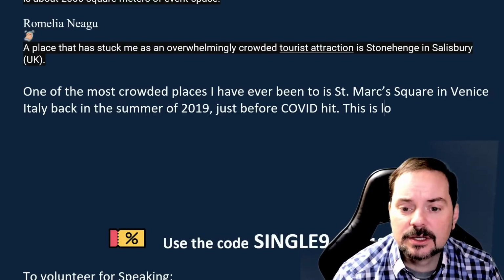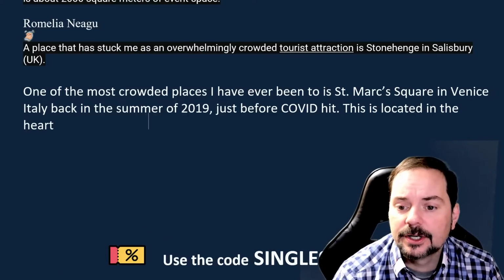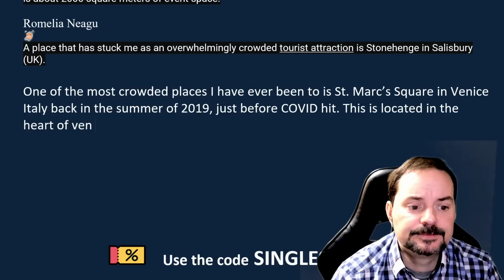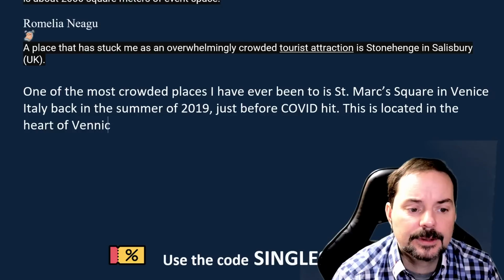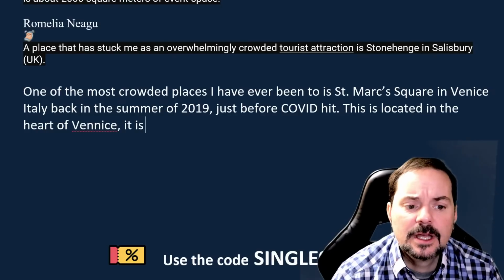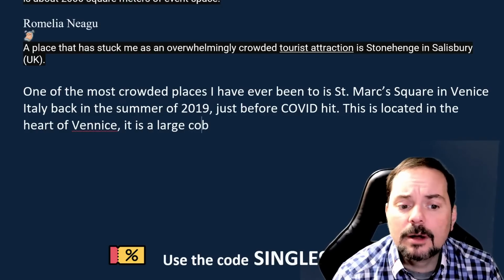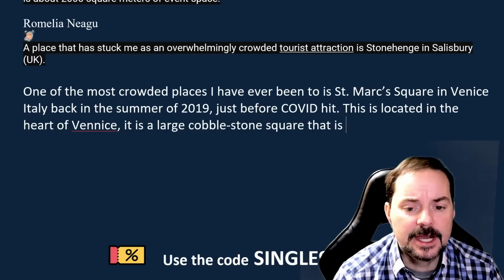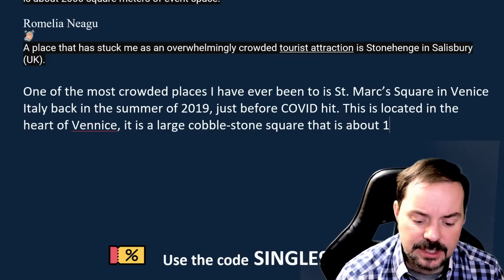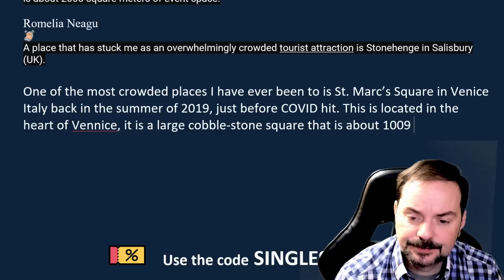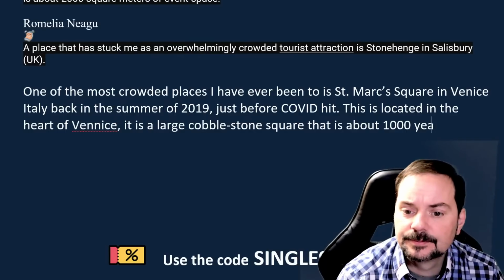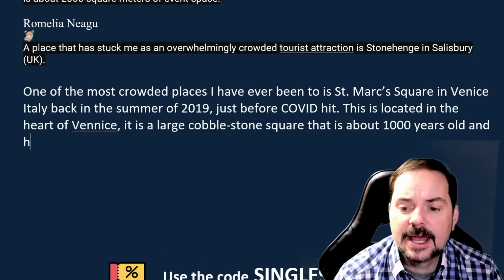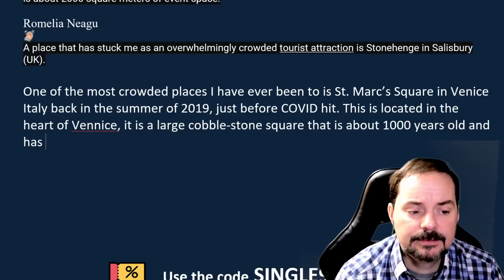This is located in the heart of Venice. It is a large cobblestone square that is about 1,000 years old, and has a rich history.